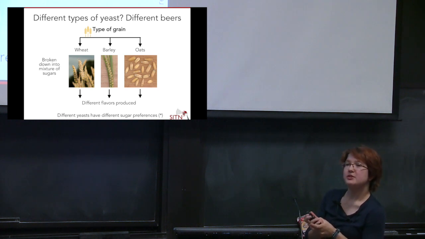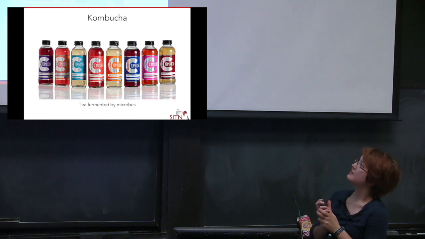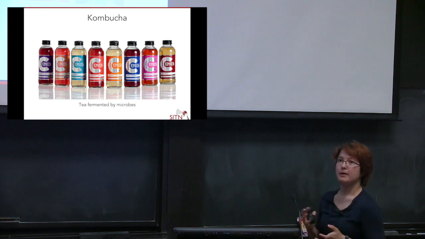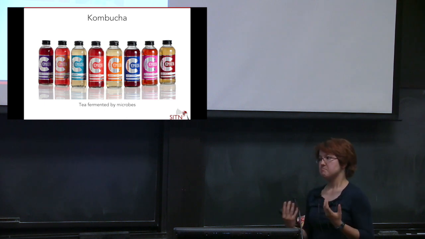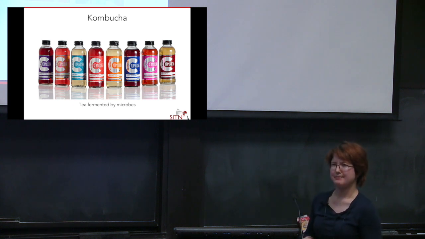However, you can enjoy yeast in your beverages in a trendy drink known as kombucha, which you may or may not have heard of, shown here in an array of colors and types. What this basically is, is a tea that is fermented by microbes. Up until now, I've been primarily focusing on things that are produced by yeast only. But kombucha is a bit of a special case in many ways.